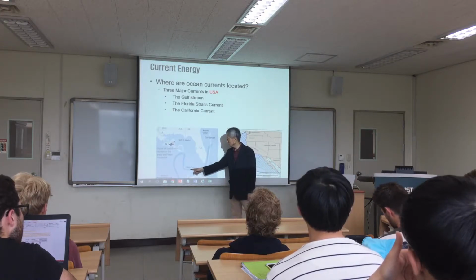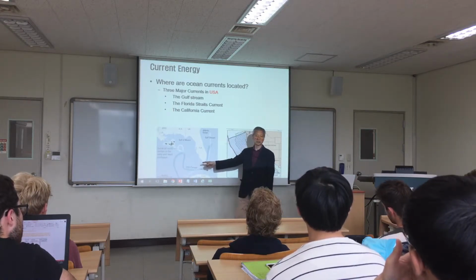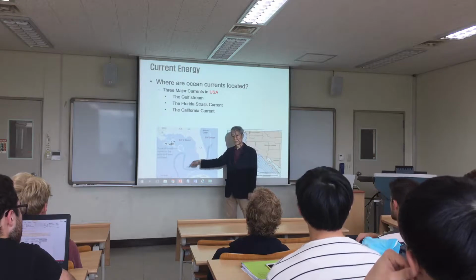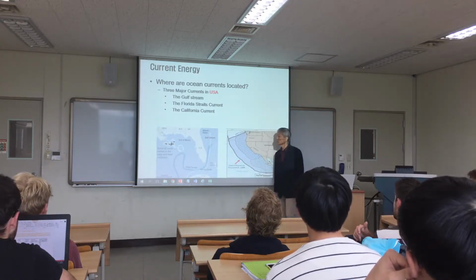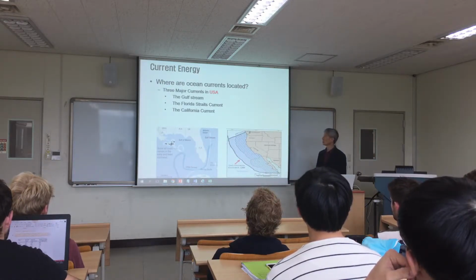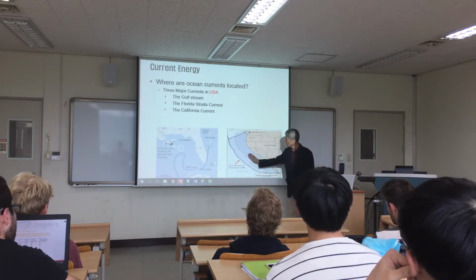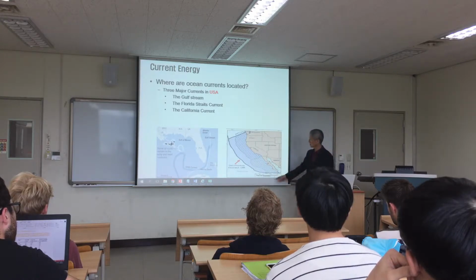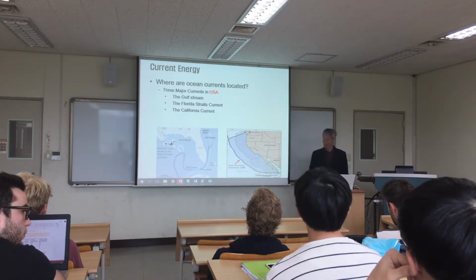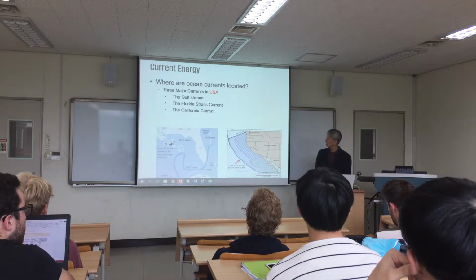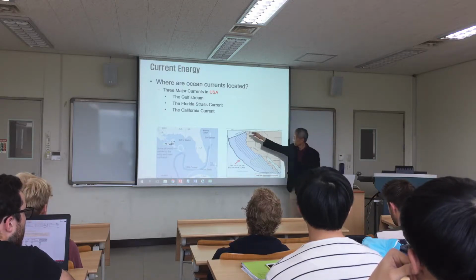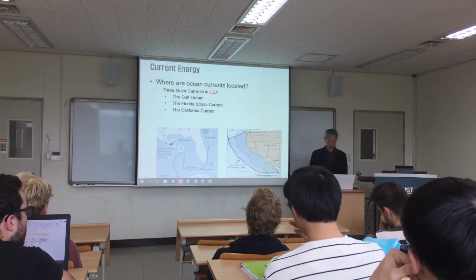They are saying loop current. We already saw this one, the rotating loop current. I don't know whether I showed you a video the other time. And on the west side of the United States, there is the California current, which may be coming from the north side down.